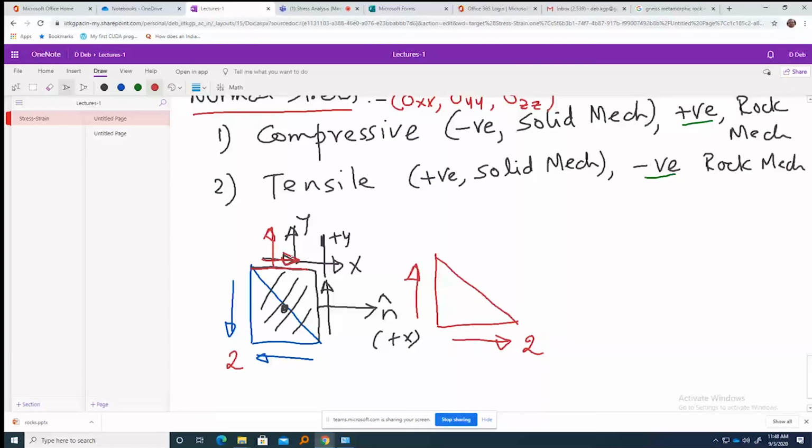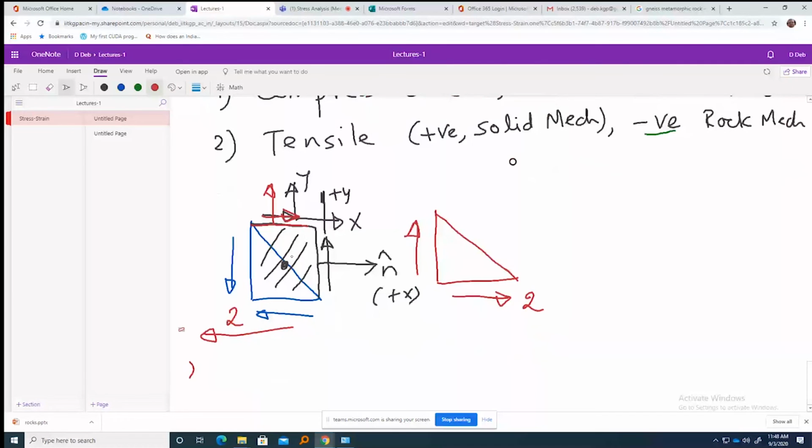This is acting towards negative, and its outward normal is also towards negative. So two negatives make a positive. That means this configuration, what I have drawn here, is a positive shear stress, as far as solid mechanics is concerned.